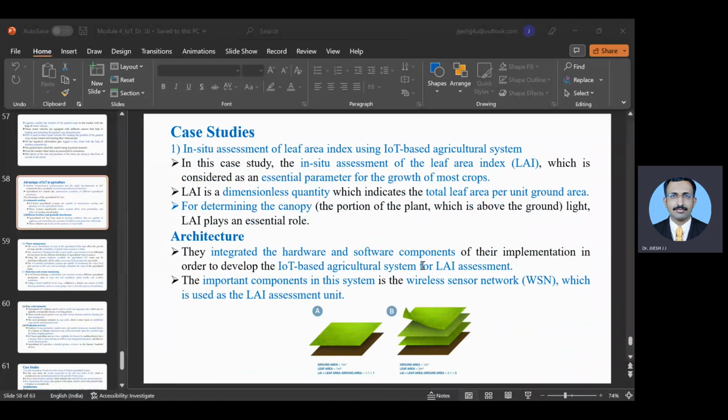If it is not able to collect sunlight properly, it will reflect on its leaves. And in any plant, more space is covered by the leaf itself, isn't it? The root and the body are there, but still let us consider this. So we need to understand the leaf area index using IoT based technology.